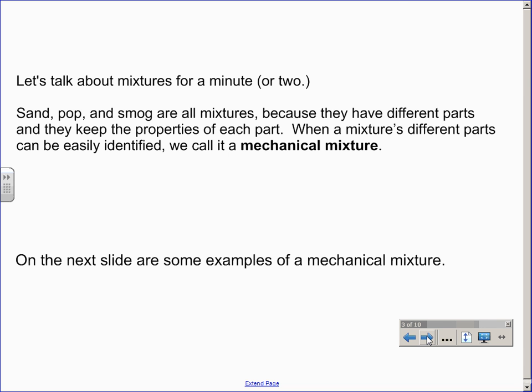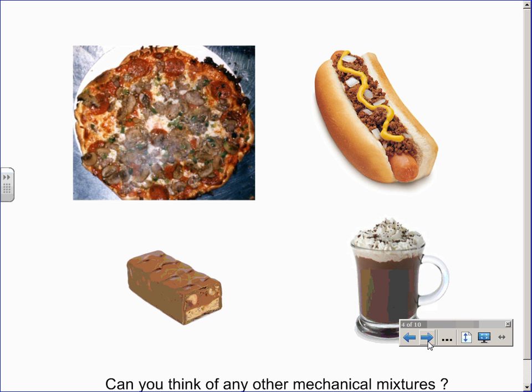On the next slide are some examples of a mechanical mixture. Pizza, hot dog, chocolate bar, hot chocolate. Yes, I am hungry.